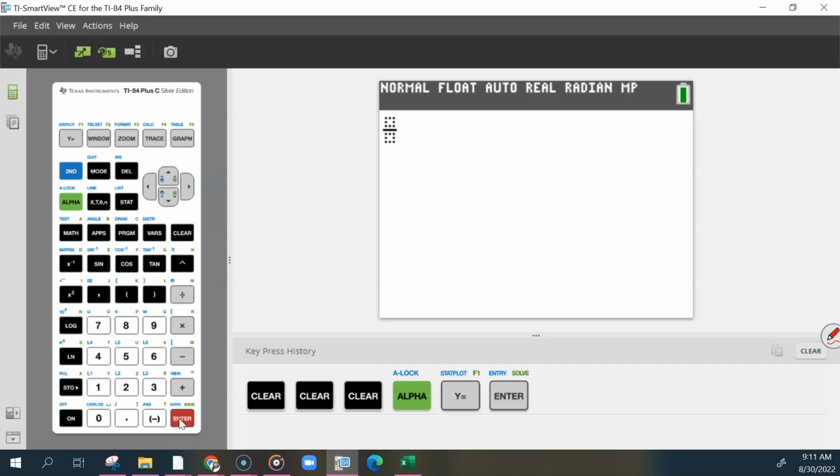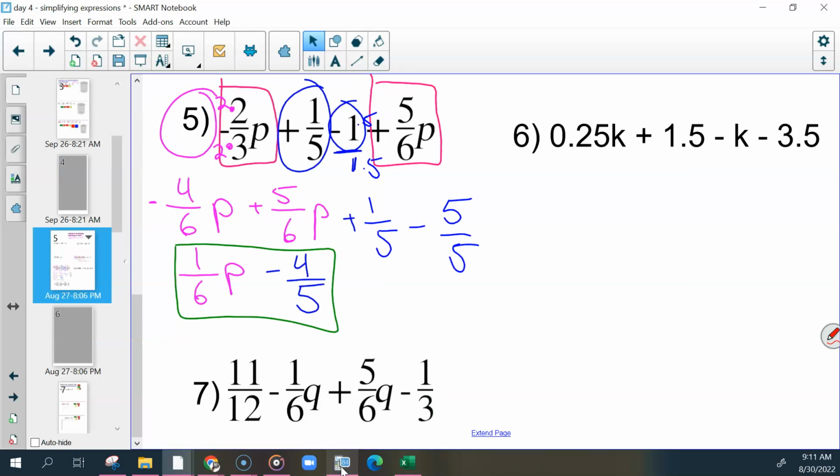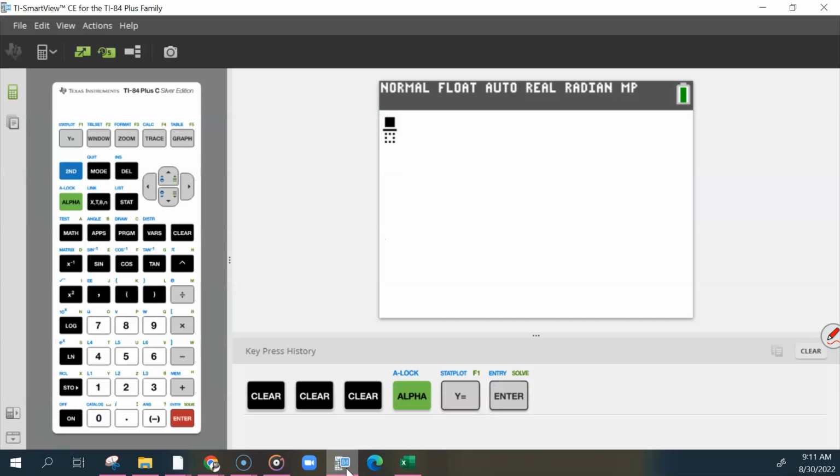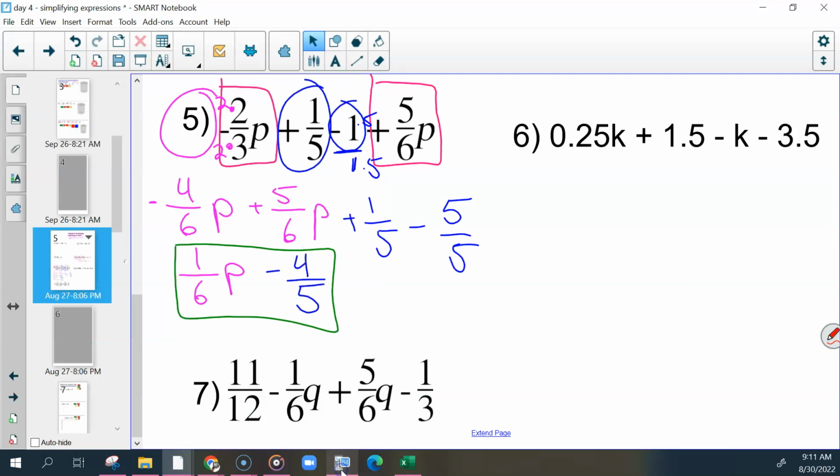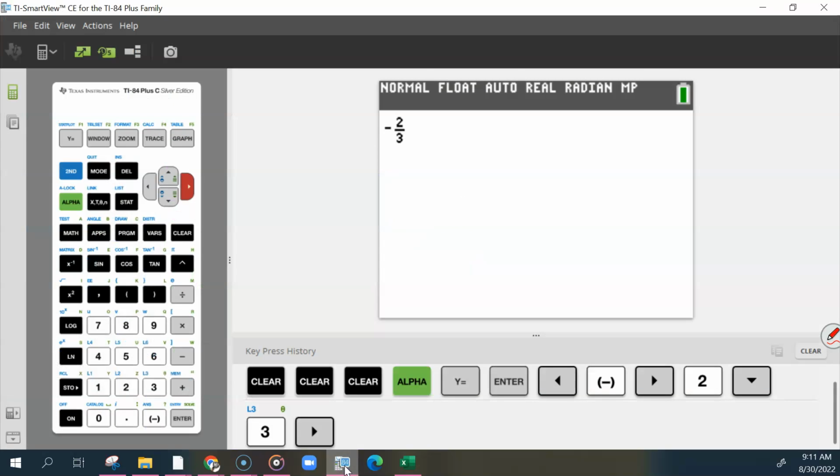If you need a negative, like this first one is negative 2/3, use this button down here. When you go out to the front, hit negative 2/3, and I'm just using my arrows to move. And I am adding 5/6. We do the same thing. Put back left, and then go back and grab another fraction. Alpha y equals, and then 5/6.